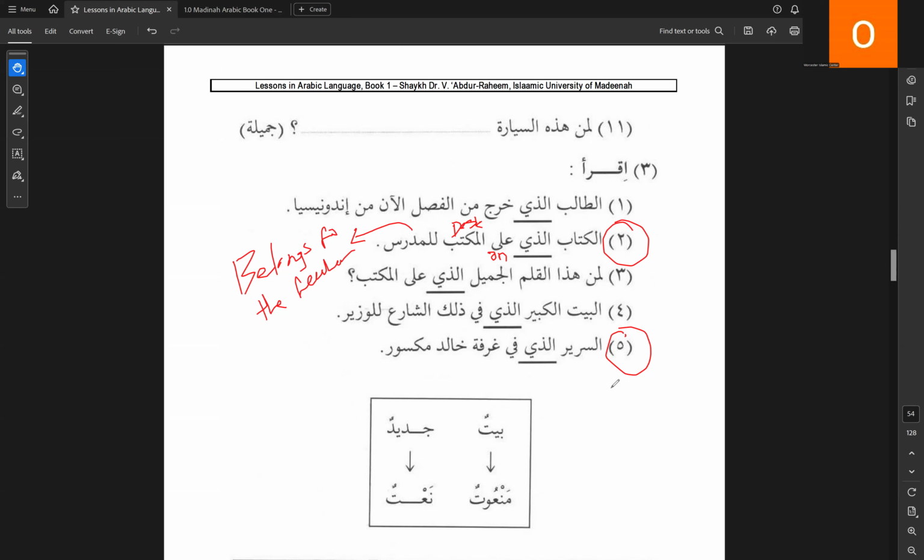Number 5. السرير الذي في غرفة خالد مكسور. Okay. Why is مكسور مرفوع?